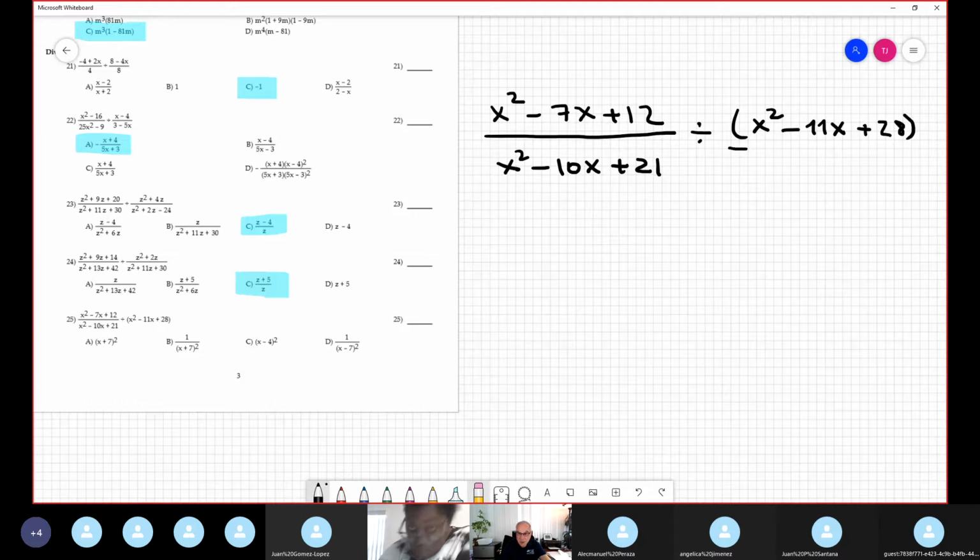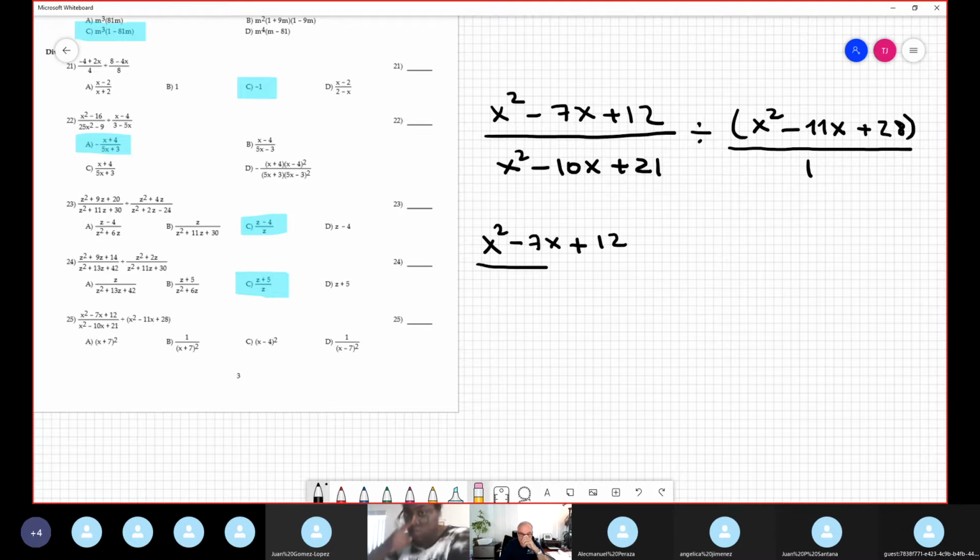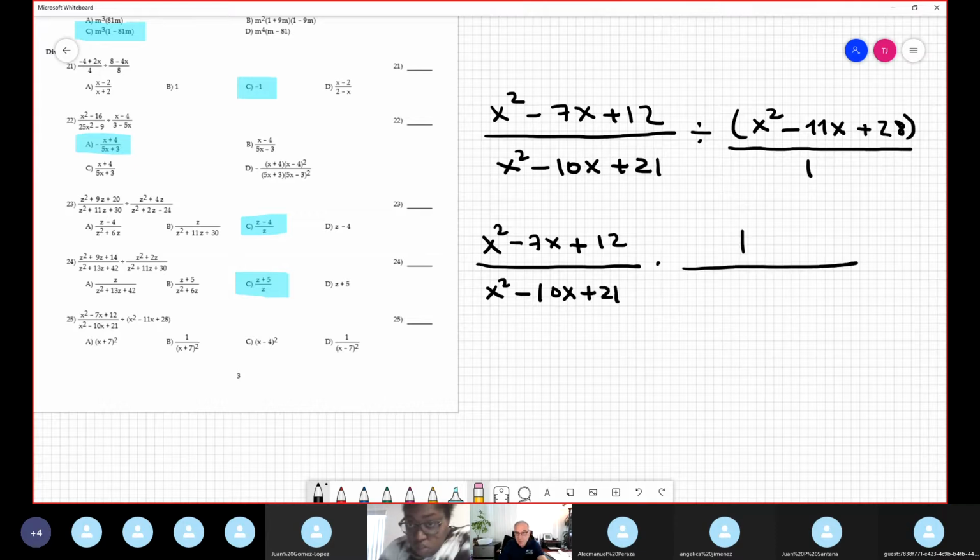When something is missing, entonces I suppose que this denominator is missing, que es 1. And when you flip it, this stays the same. No, one guy is missing, however, you suppose que es 1. Then you flip it. 1 over x squared minus 11x plus 28.